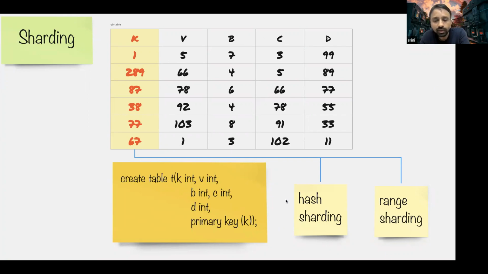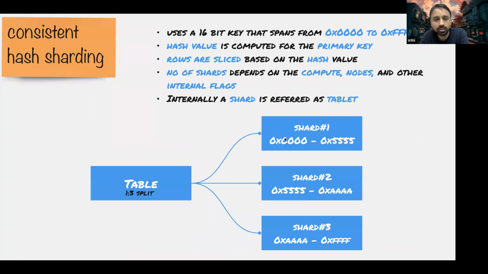And when it comes to hash sharding, hash uses a 16-bit key that spans from 0000 to FFFF, right? So it's a hexadecimal representation. 2 power 16 would give you this range, right? So when you apply hash sharding, what it essentially does is compute this hash value for your primary key.